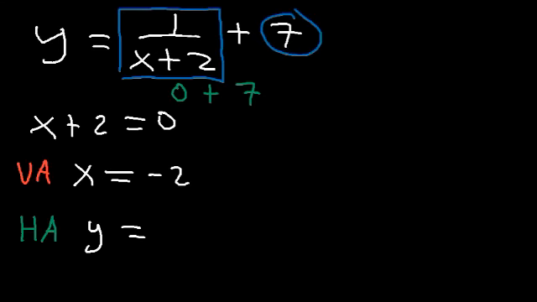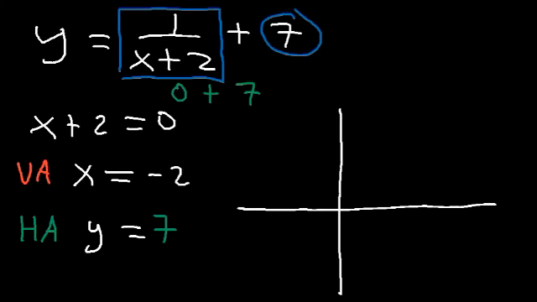It's shifted up 7 units. So it's y is equal to 7. So the graph is going to look very similar to the one that we had in the last example. So we have a vertical asymptote at negative 2 and a horizontal asymptote. It's very high up, it's at 7.